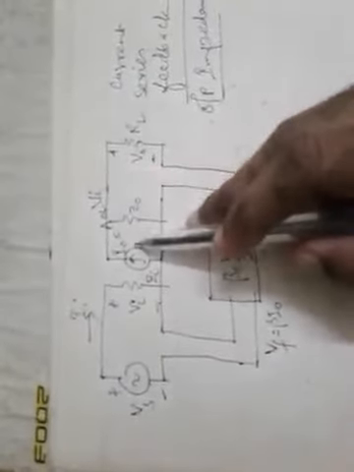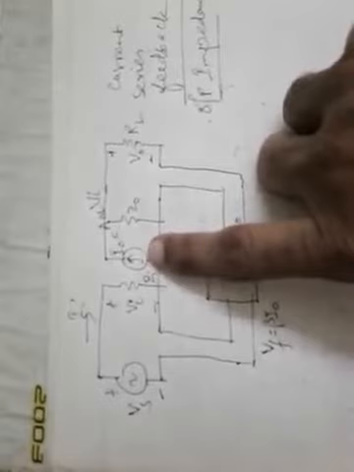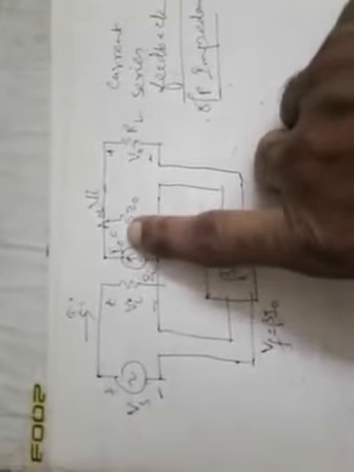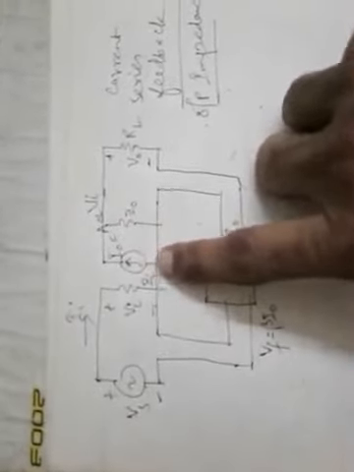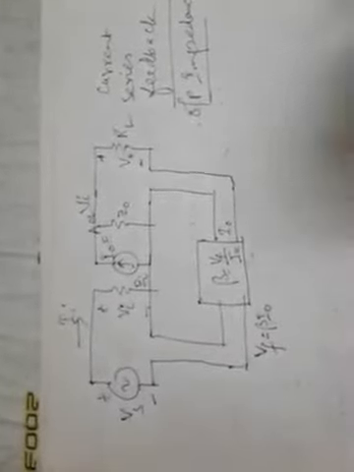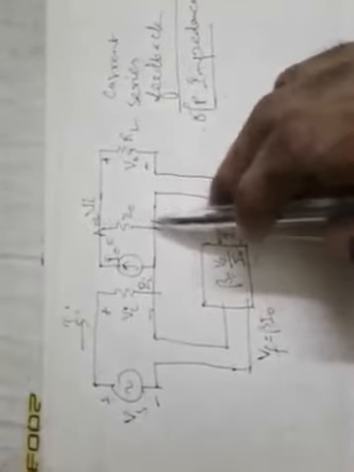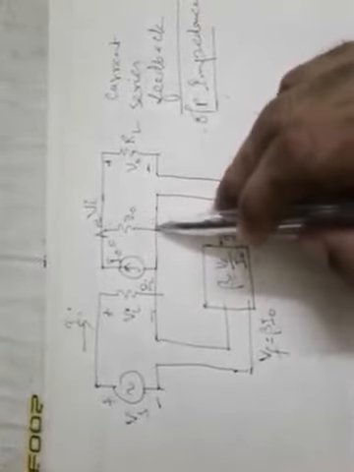Multiplying the two, we should be getting the output current, and hence the gain of the amplifier is represented as a current source which is providing the current Io. Since it is current, this output impedance is connected in shunt.